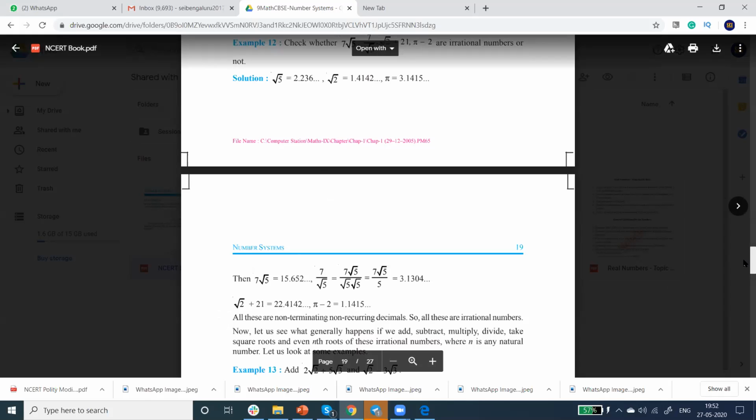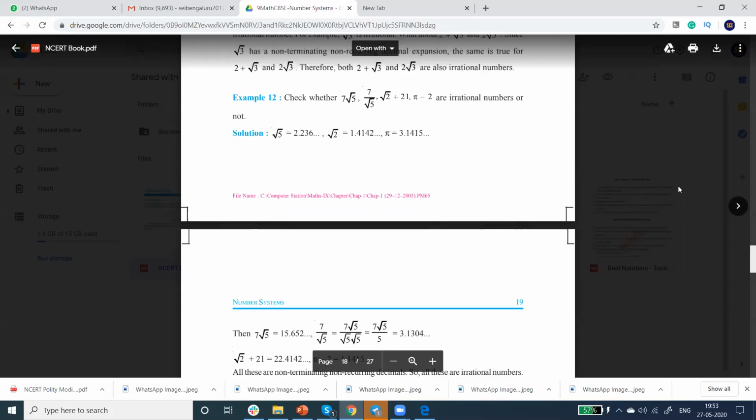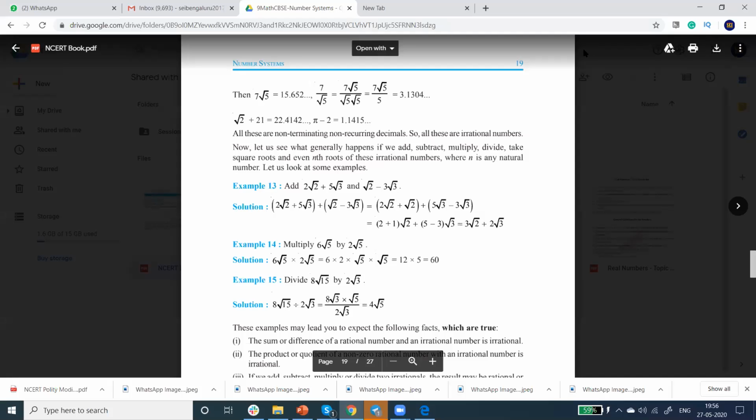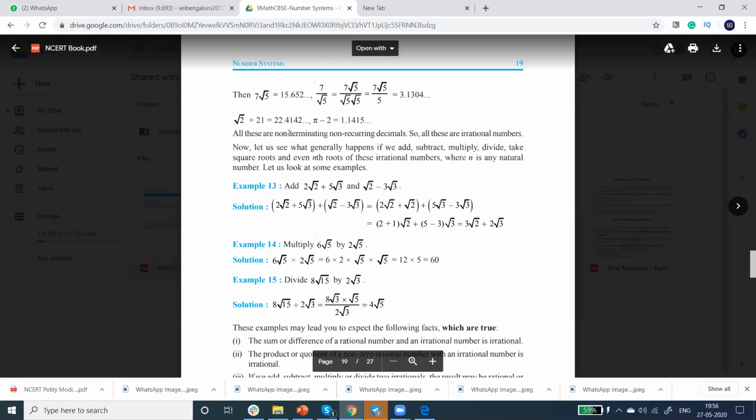Please note down the solution. Add 2 root 2 plus 5 root 3 and root 2 minus 3 root 3. These two terms we should add.